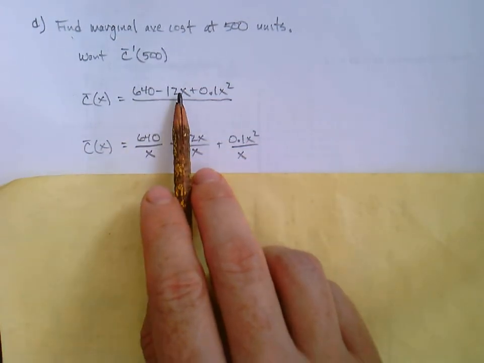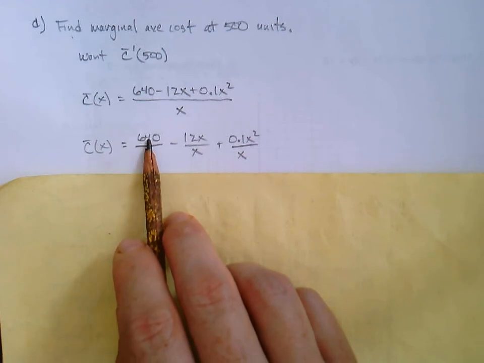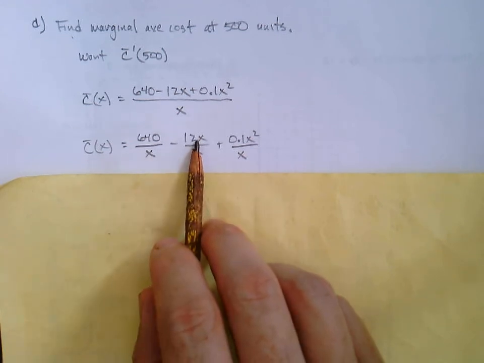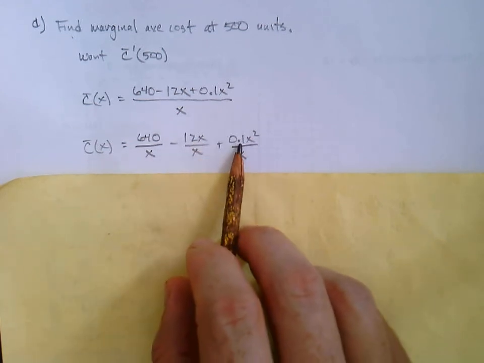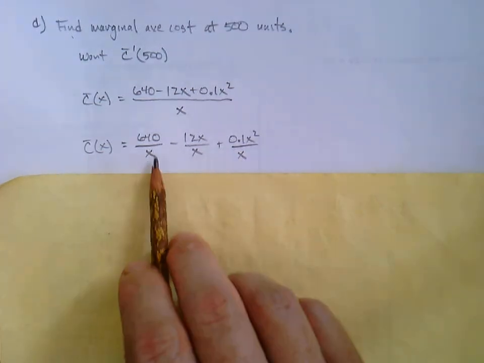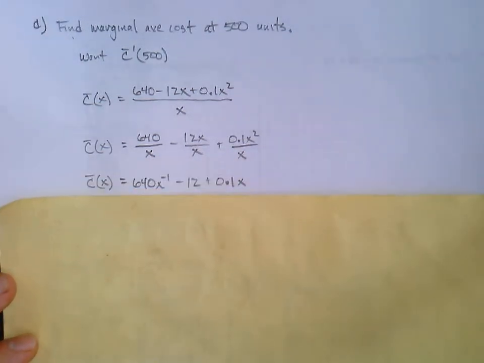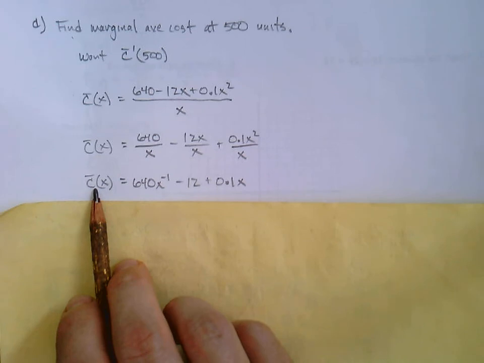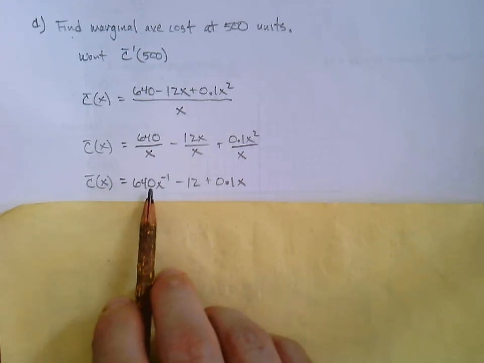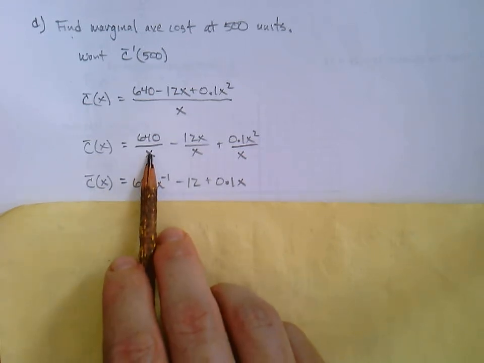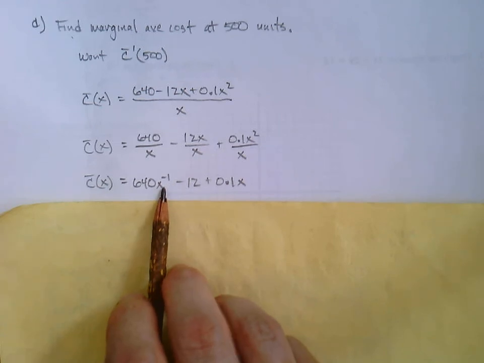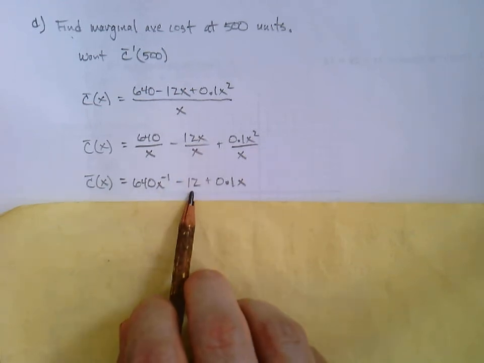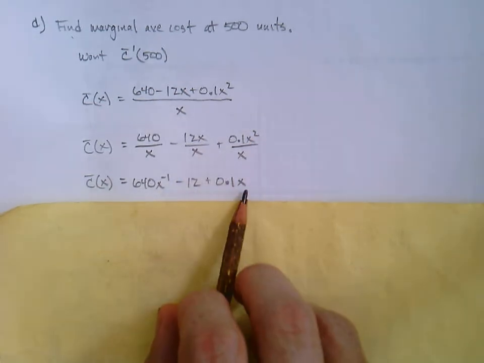Split this into three separate terms: 640 over x minus 12x over x plus 0.1x squared over x. And then simplify each one. And this is still the average cost. Now we're writing with a negative exponent, x to the negative 1. Here they just cancel, and we get the constant. Here one of them reduces.